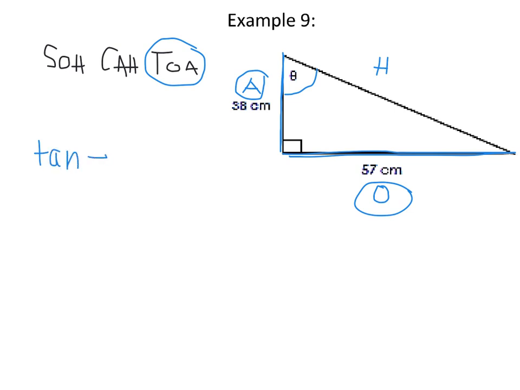So the tangent of theta equals the opposite, which is 57, over the adjacent, which is 38. So then to get theta by itself, we do the inverse tangent.